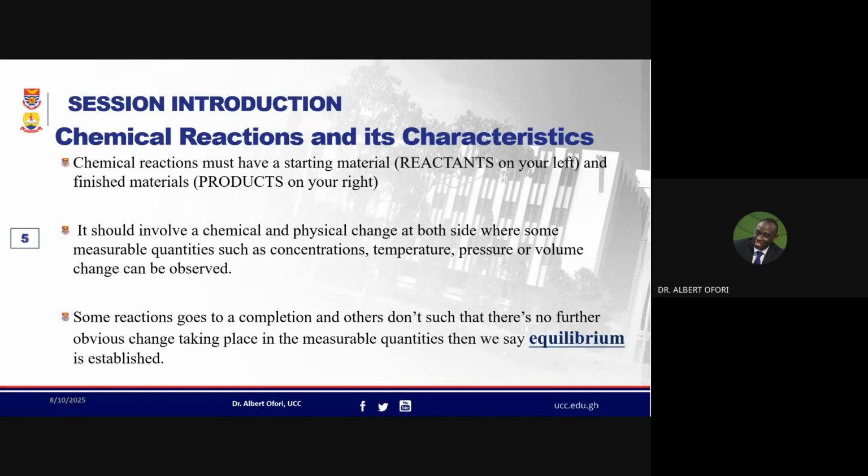Then we can have the reversible kind of arrows, a full arrow going forward, another full arrow coming back. That's a reversible reaction.